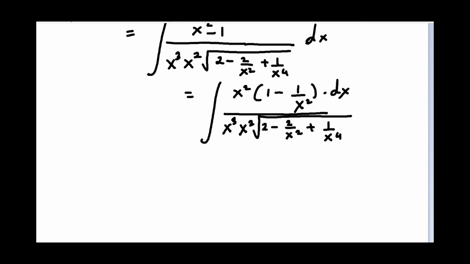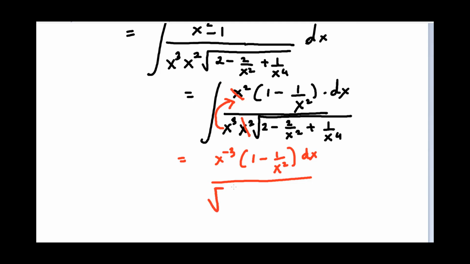Now clearly I can cancel this x squared and x squared, so that would give me equal to x to the power of negative 3 times (1 minus 1 over x squared) times dx divided by square root of 2 minus 2 over x squared plus 1 over x to the power of 4, with the integral sign.